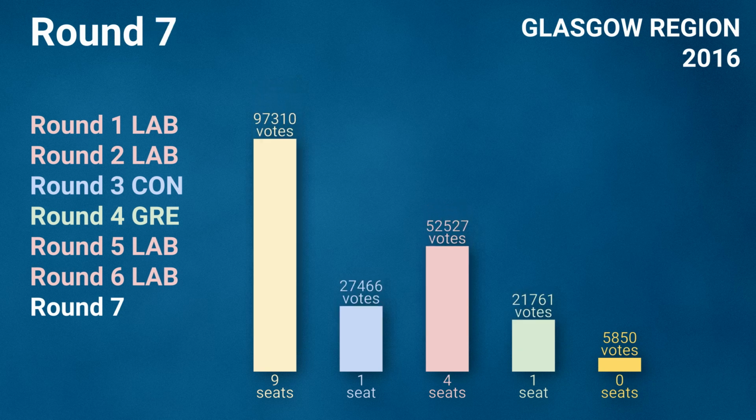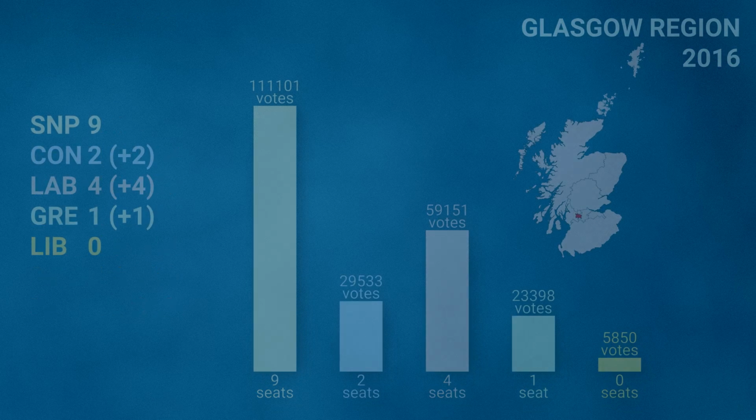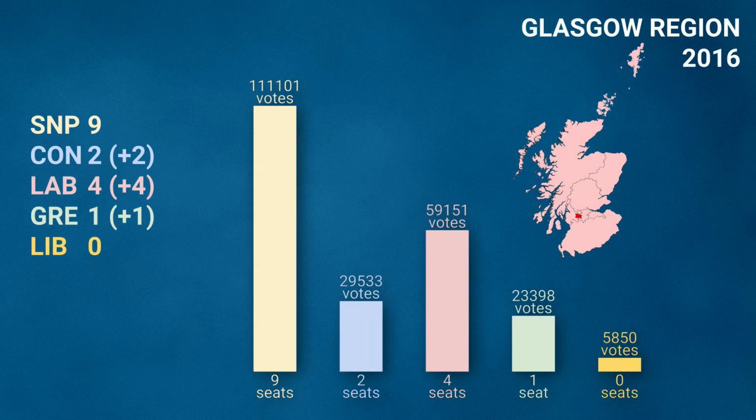And in the final round, Labour's divisor of 5 leaves the Conservatives to pick up the last seat in this region. So despite what looked like a huge initial advantage, SNP didn't win any regional seats in Glasgow, and the 7 seats that were available were distributed among most of the other parties. And we see this pattern repeated in all of the other regions where SNP dominated the constituencies.